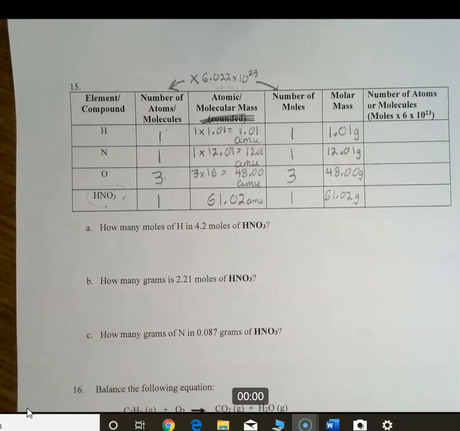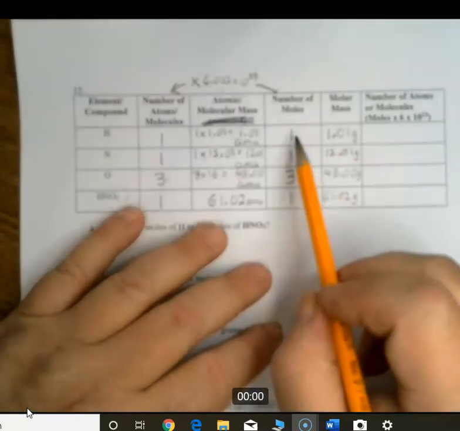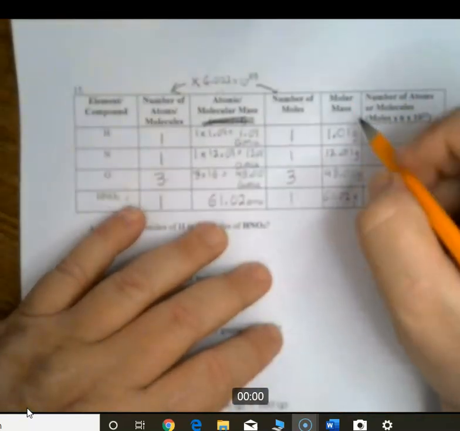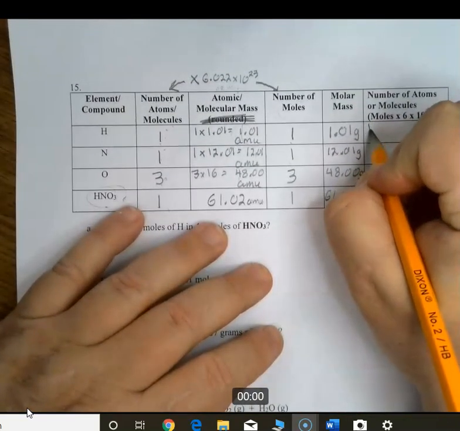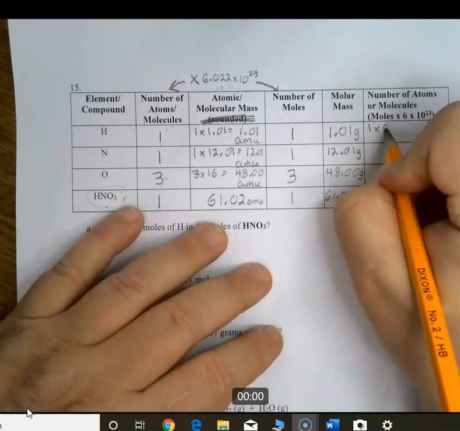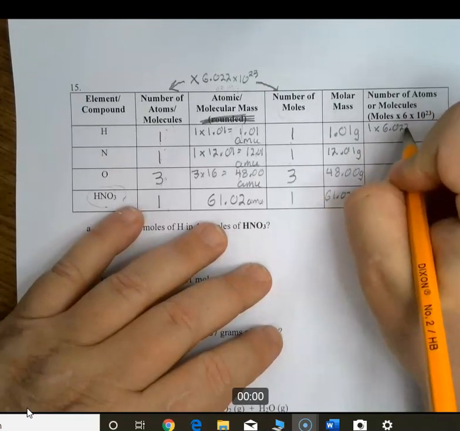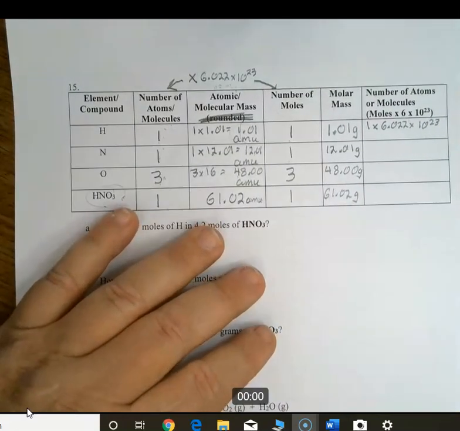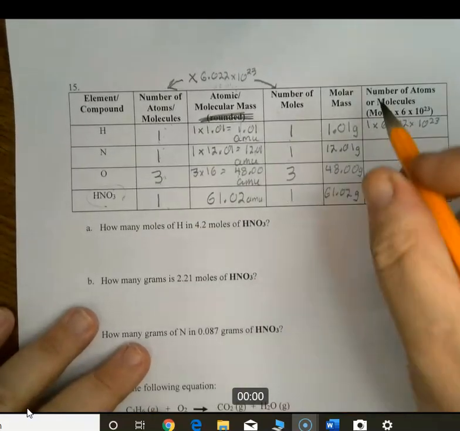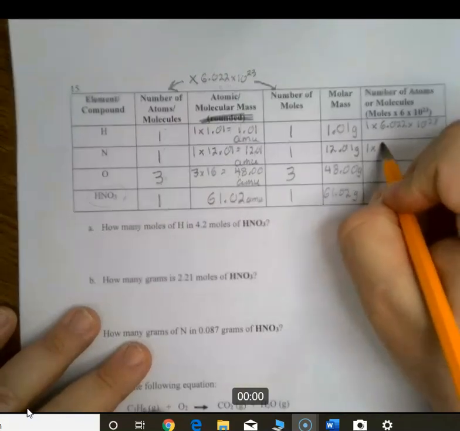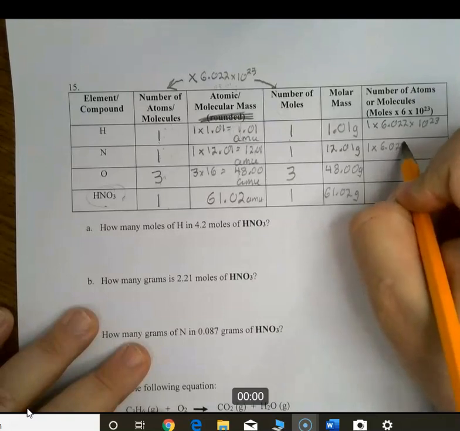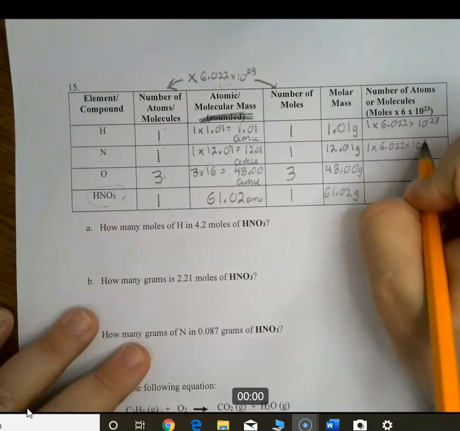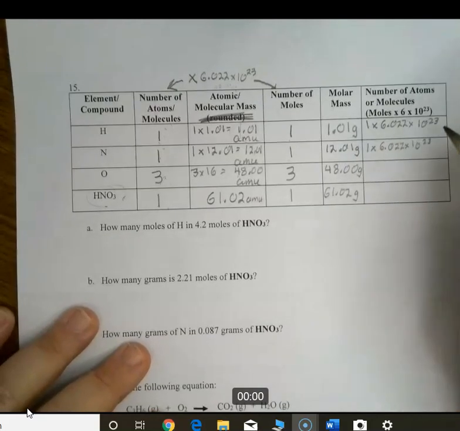All right. The number of atoms or molecules, well, it's just this number times 6.022. I'm not going to really do the math on that. It's just 1 times 6.022 times 10 to the 23rd. That's how many hydrogen atoms that you have. This one is 1 times 6.022 times 10 to the 23rd.